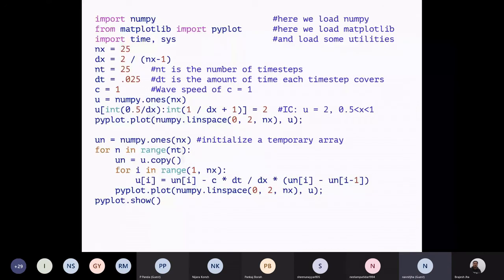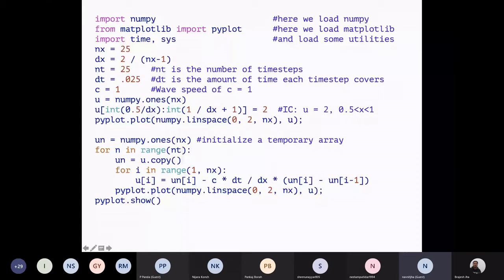What is given to us? u is 2 in the range half to 1. So it is 0.5 by dx to 1 by dx plus 1. This basically gives us the range half to 1. It is assigned as 2 initial condition.